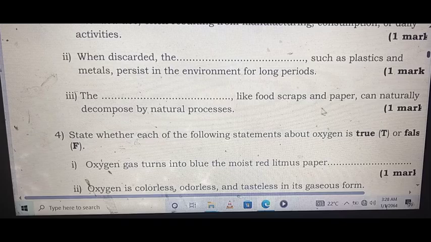Like food scraps and paper, can naturally decompose by natural process. The correct answer is biodegradable waste.